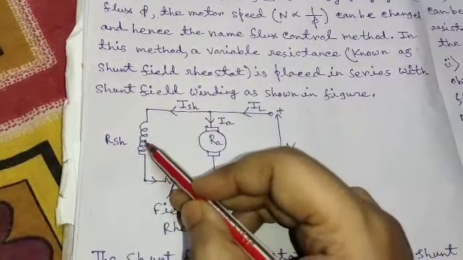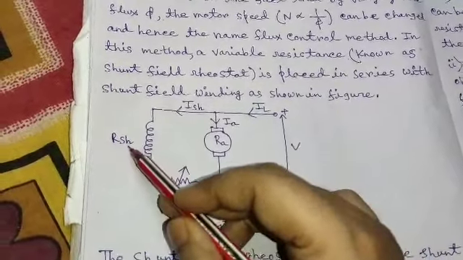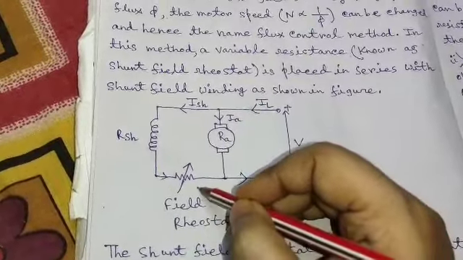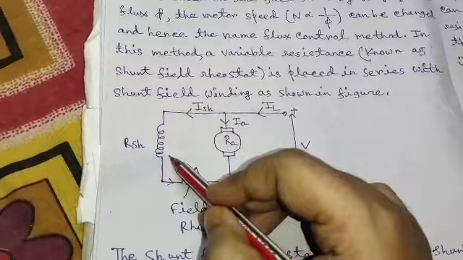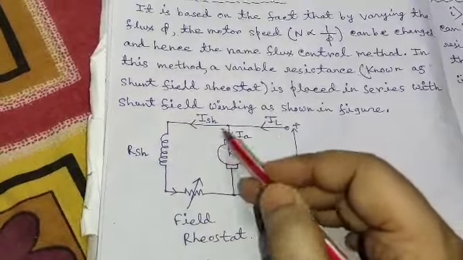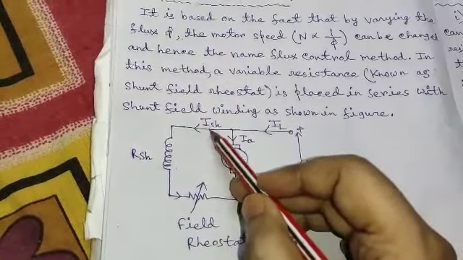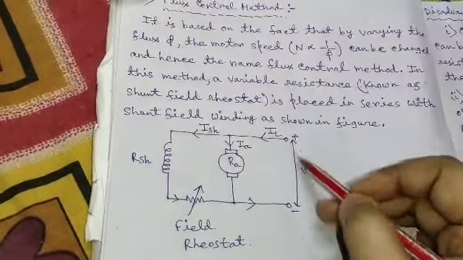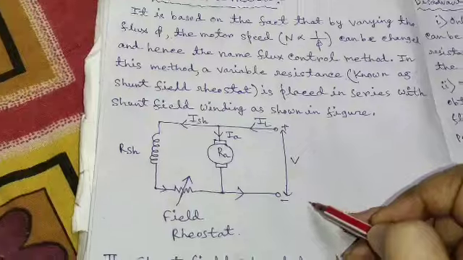This is ISH, the shunt field current, this is the armature current IA, IL, and this is the applied voltage V.